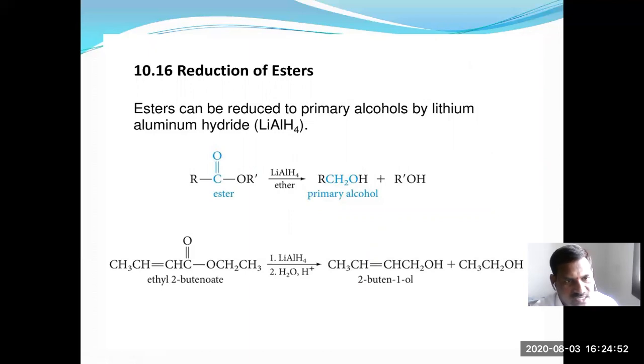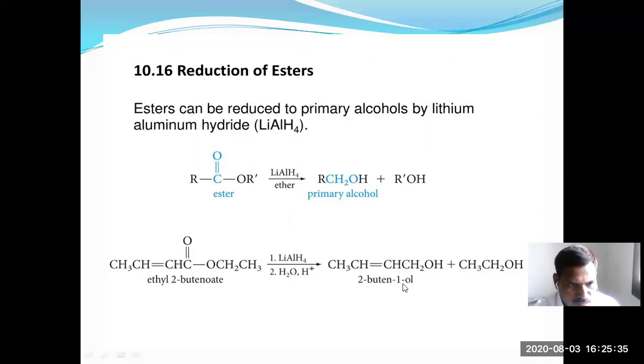So reduction of esters is an important one. Esters can be reduced to primary alcohols by lithium aluminum hydride, LiAlH4. So you can get the primary alcohols. You can take ethyl butanoate, with reduction by lithium aluminum hydride.